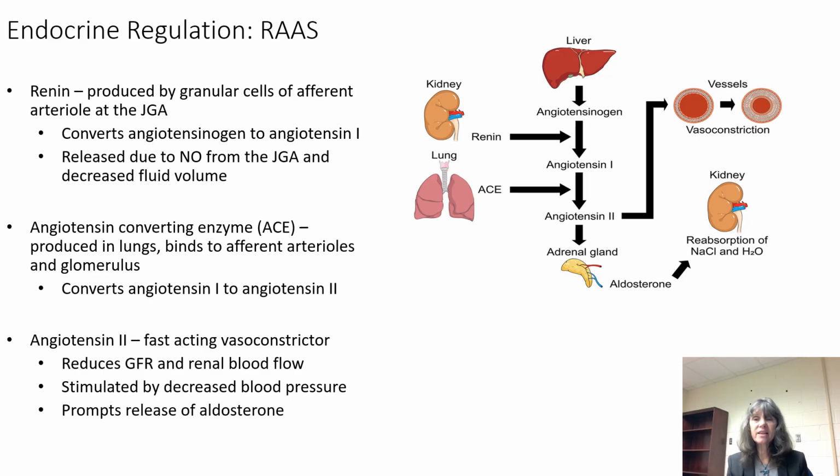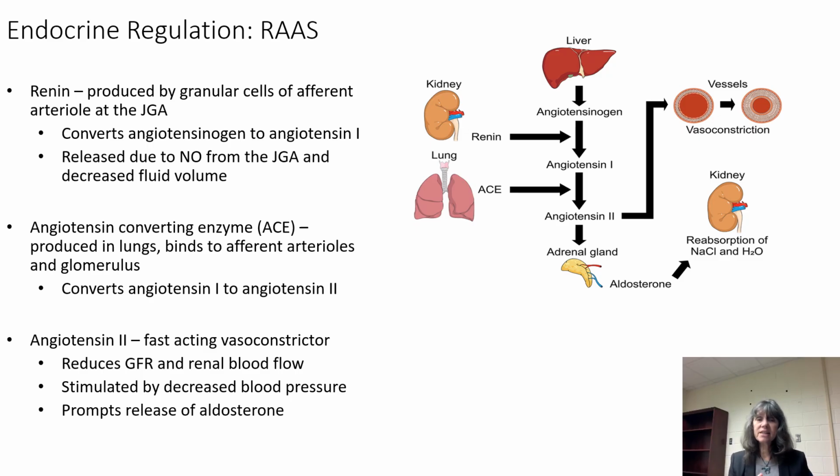That converts the protein that circulates in the blood that was produced by the liver, called angiotensinogen, into angiotensin 1, which, remember, renin is released due to the juxtaglomerular cells in the presence of nitric oxide. So even though nitric oxide doesn't play a big role in terms of vasoconstriction, vasodilation, it's important in helping cause that release of renin when there is decreased fluid volume.